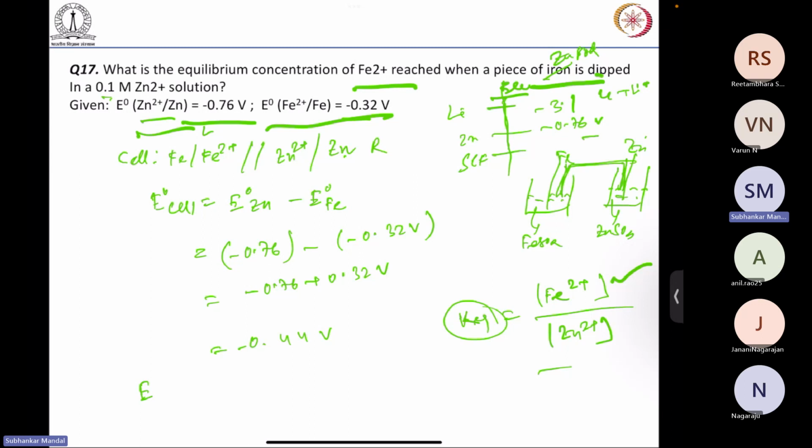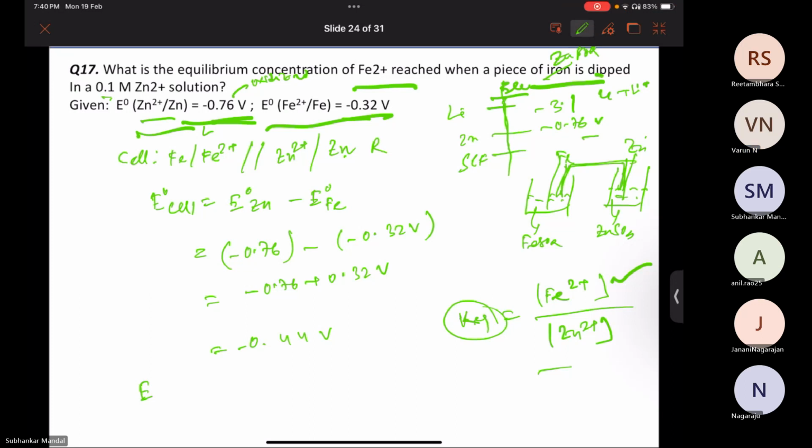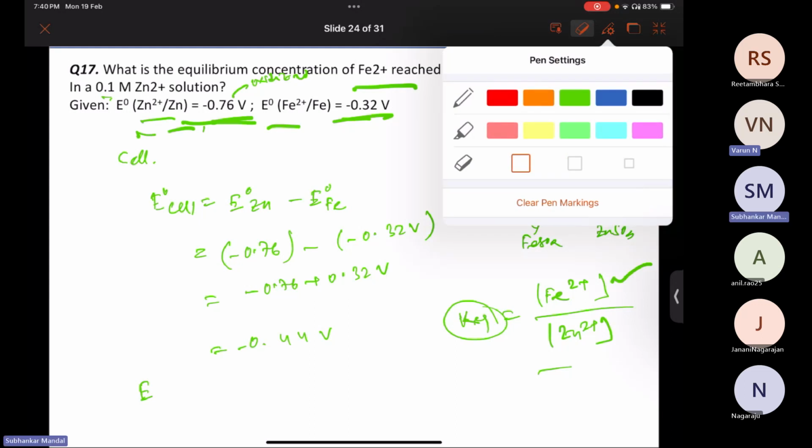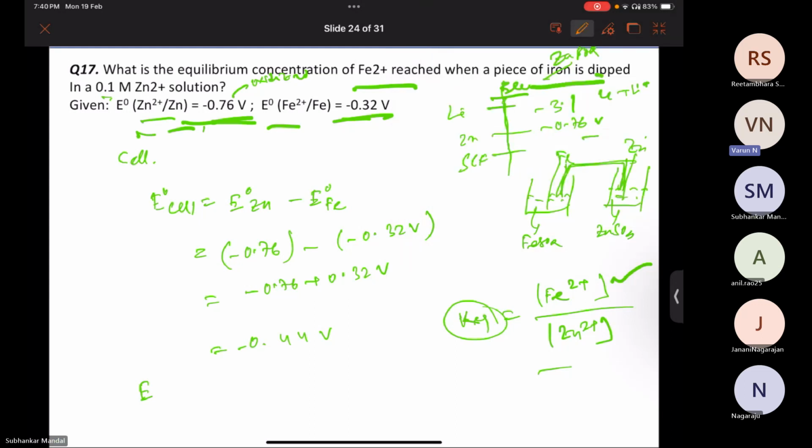It can easily oxidize. Regarding cell representation, zinc should be on the left side and iron on the right side. That's true. The E naught of the cell becomes 0.44 volt, not minus 0.44 volt: minus 0.32 minus of 0.76. Got it.